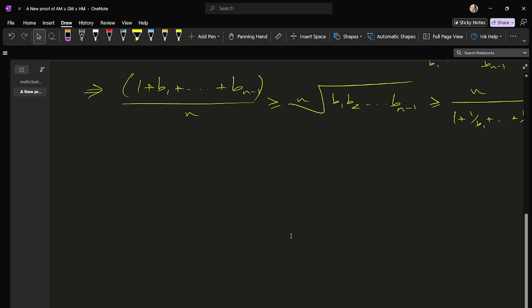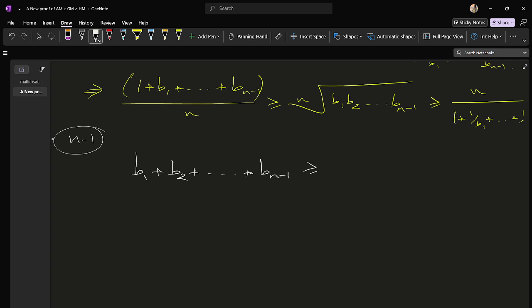Firstly, we are going to think about only this part, where AM is greater than or equal to GM. In that part we can do something: we can rewrite this for our n minus 1th case, as the bi's are also positive.